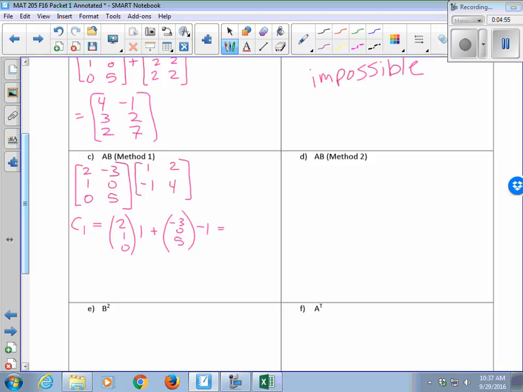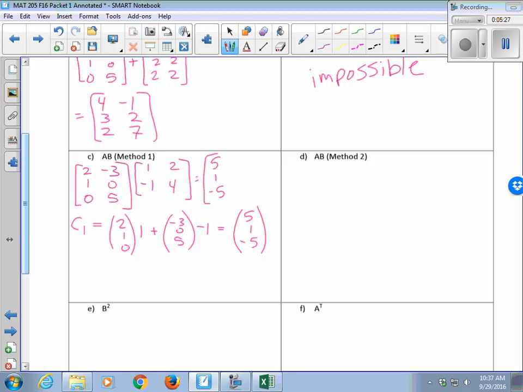This is exactly how we learned to multiply a matrix times a vector: take the entries in the vector as weights on the columns, add them together, and the result is a vector, in this case the first column of the answer matrix. So I end up with 5, 1, -5. My first column is 5, 1, -5.